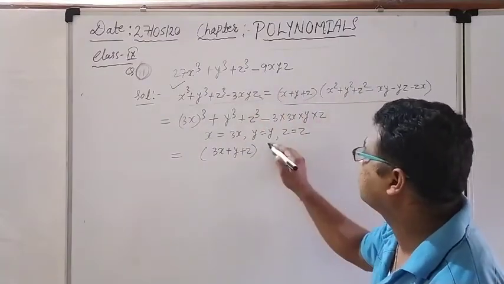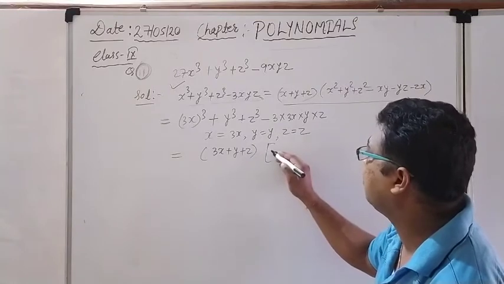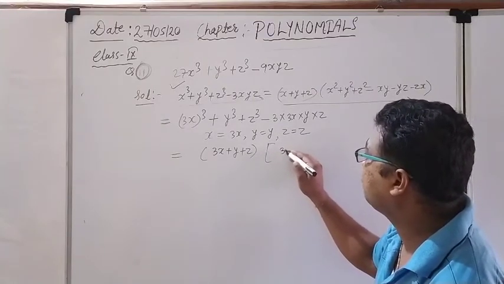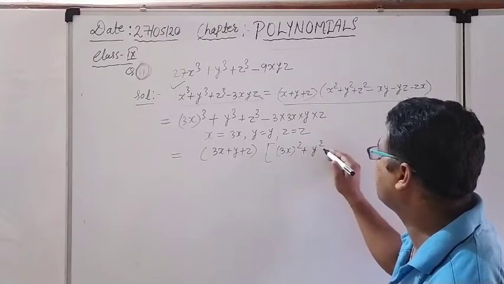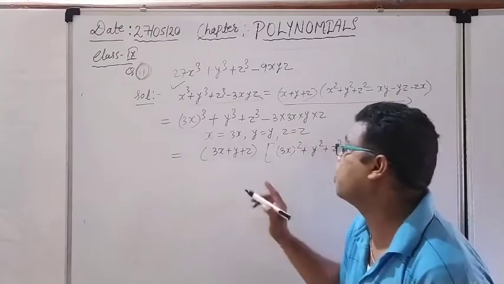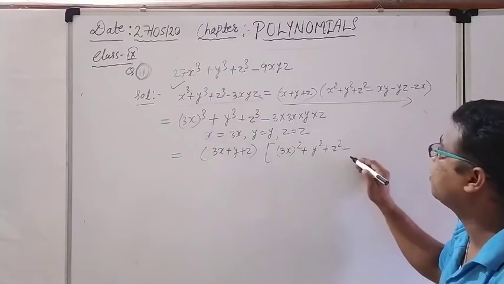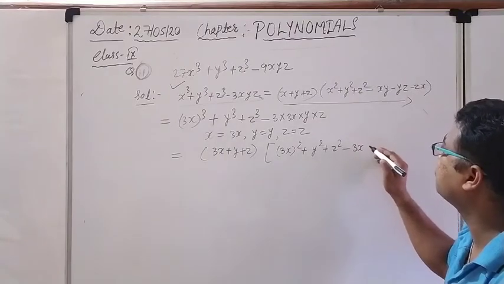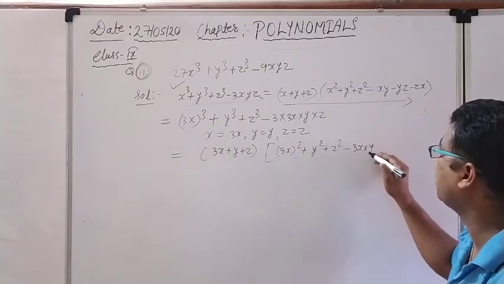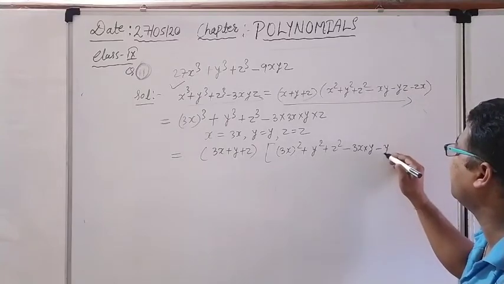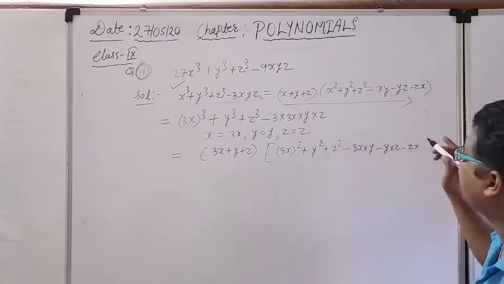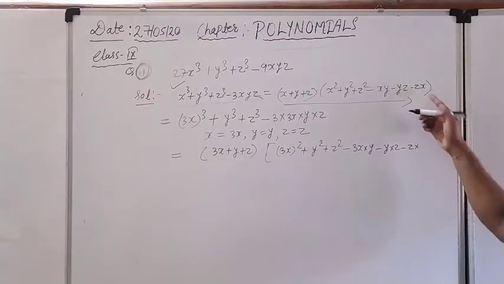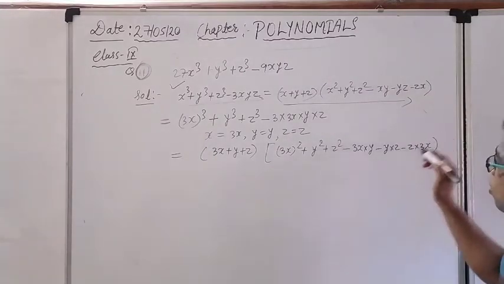And after that x square, so we will take the help of a big bracket. What is there in place of x? 3x whole square, plus y square, again y square, plus z square, again z square, and after that minus xy. What is there in place of x? Actually 3x is there, so 3x into y, minus yz, y into z, minus zx, z into x, but in place of x it is 3x.